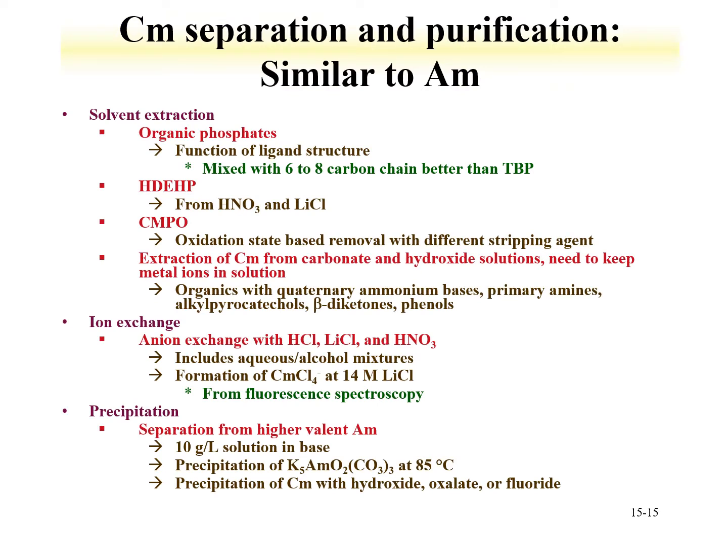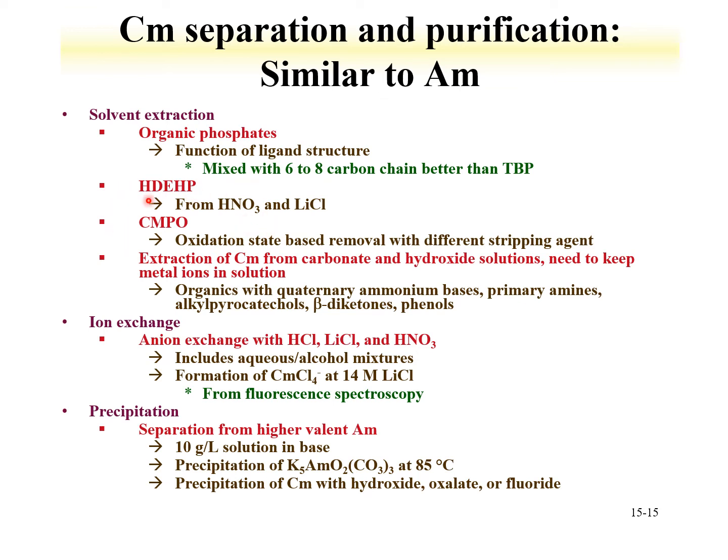Curium separations are very similar to what we've already described for americium. So this is just a review. Again, tributyl phosphate can be used, not at the high acid concentrations that are useful for plutonium and uranium, but at lower acid concentrations. HDEHP can be used in nitric and lithium chloride systems.